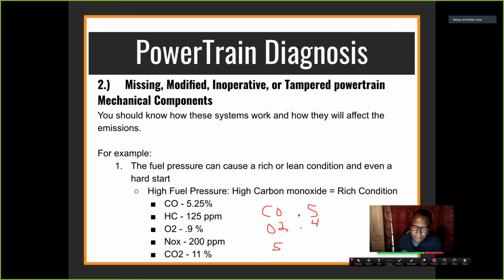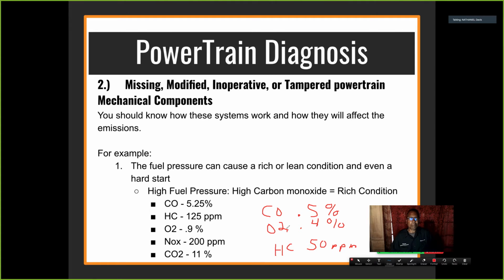Let's say HC is at 50 parts per million or less. I forgot to say this is parts per million, and this is percentage up here, and this is percentage.